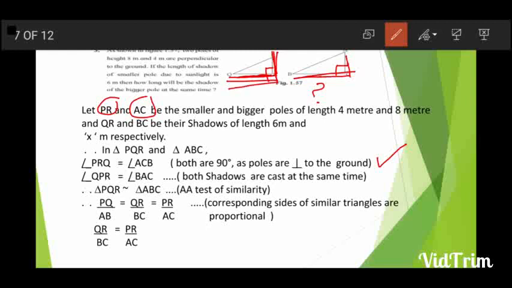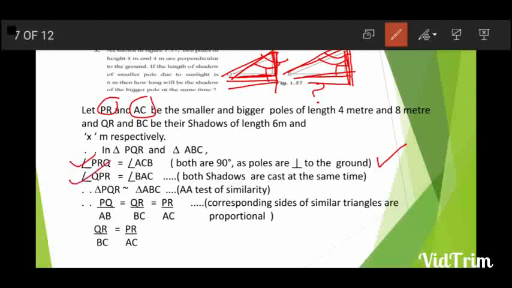Angle PRQ is equal to angle ACB is equal to 90 degrees, since they are perpendicular. Next, angle RPQ is equal to angle CAB. These two are congruent. What is the reason? Because both the shadows are cast at the same time, they will definitely be congruent.